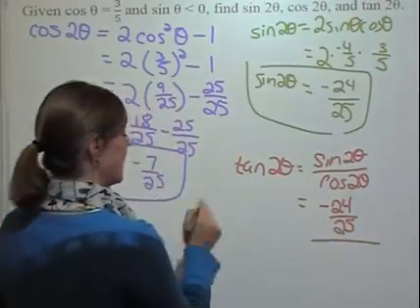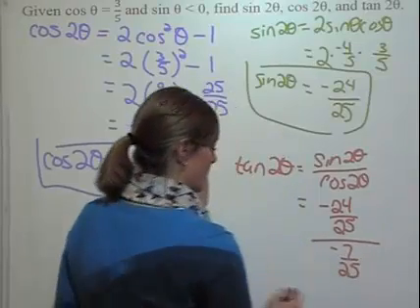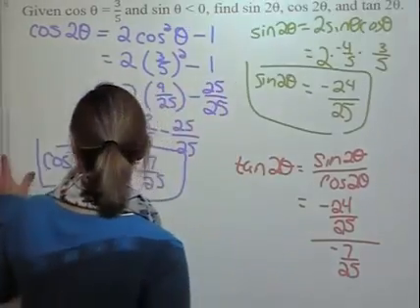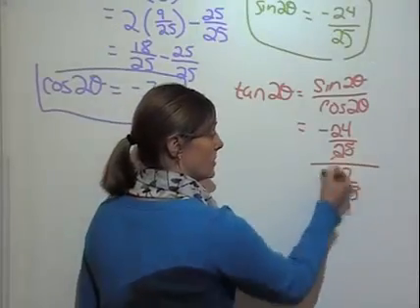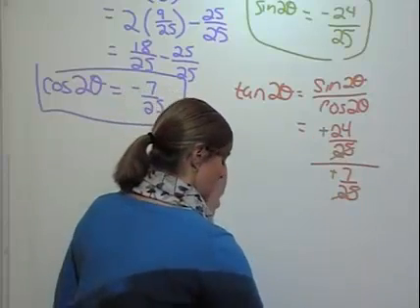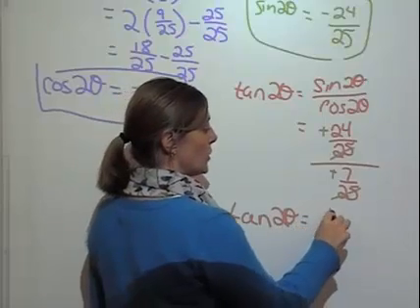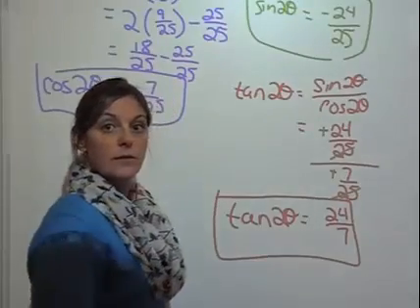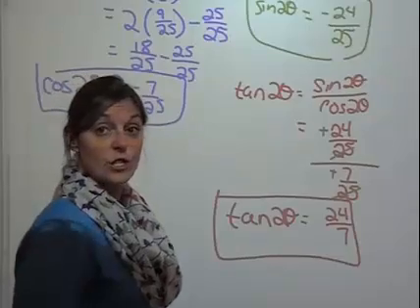And then we found cosine before that, so it was negative 7 over 25. Okay? So then we know that the 25s are going to cancel, and our negatives cancel to give us a positive. So tangent of 2 theta is equal to 24 over 7. So that's how we would apply our double angle identities to solve this problem.